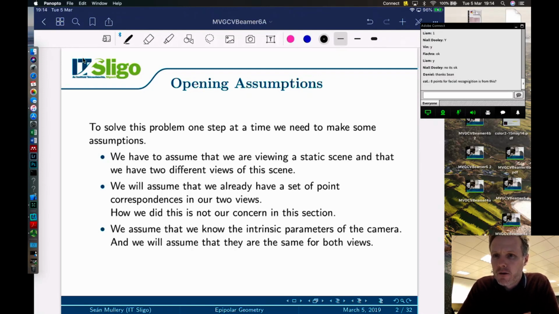So facial recognition, of course, is a slightly separate problem, but you've come across this before, have you, the 8 points in facial recognition? In terms of facial recognition, you've got a slightly different problem in most cases, in that the person probably needs to move rather than the camera moving.